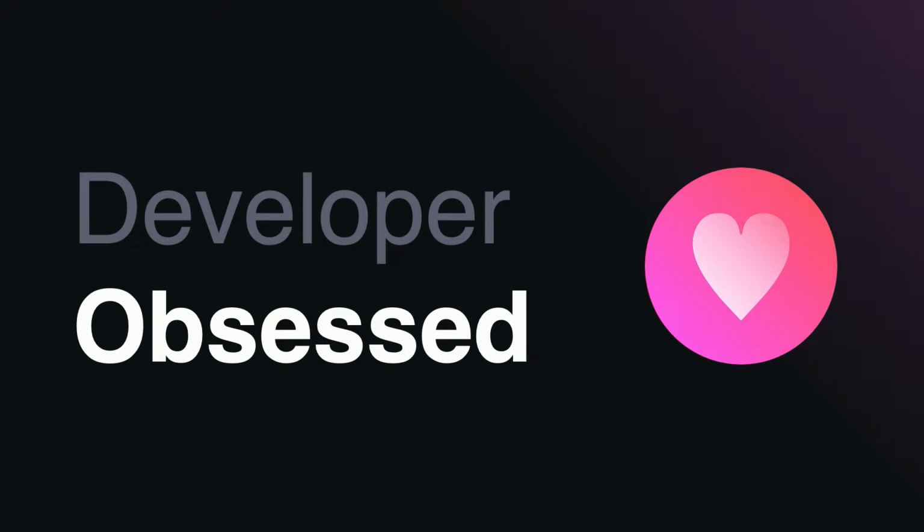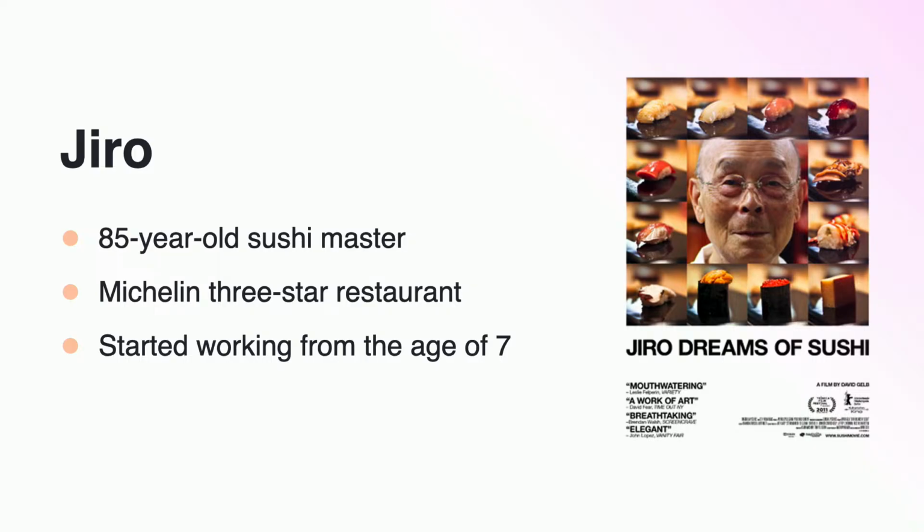And then being developer obsessed, that's the other thing too. I don't know if you're all familiar with this documentary, super popular here in Silicon Valley, so you probably already know. It's called Jiro Dreams of Sushi, and it's about this sushi master who has a 3-star Michelin restaurant, and he started working from the age of 7.